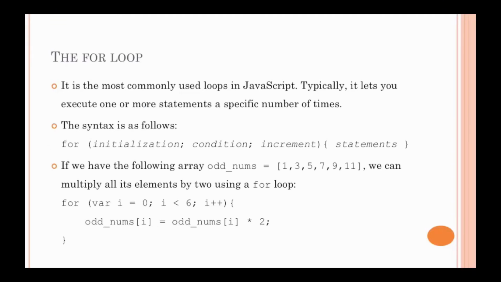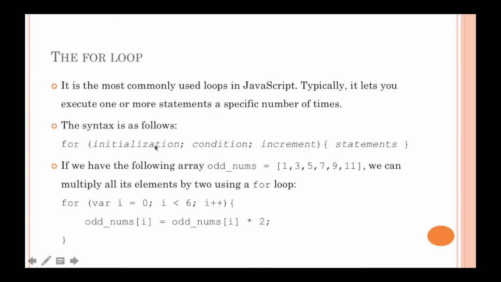Now, one of the most commonly used loops, especially with arrays, as we mentioned, is the for loop. The for loop will let you execute a statement or more a specific number of times rather than when a condition is met. The syntax is just for followed by 3 tokens. The first one is the initialization, as you can see here, followed by the condition and separated by a semicolon.